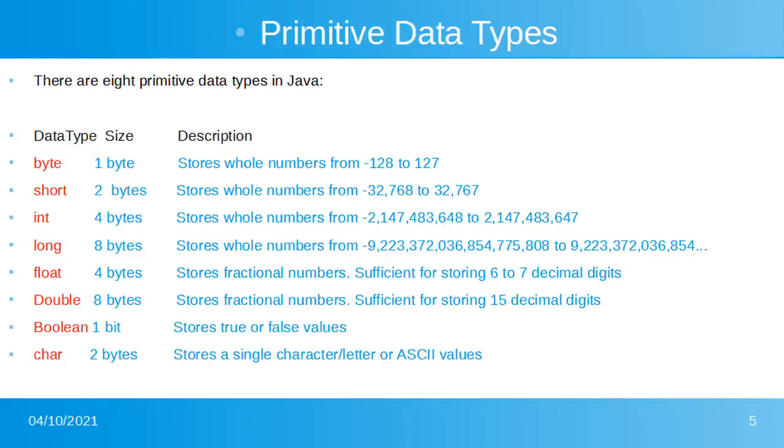First of all, byte stores whole numbers from -128 to 127. Second one is short, which stores whole numbers from -32,768 to 32,767.